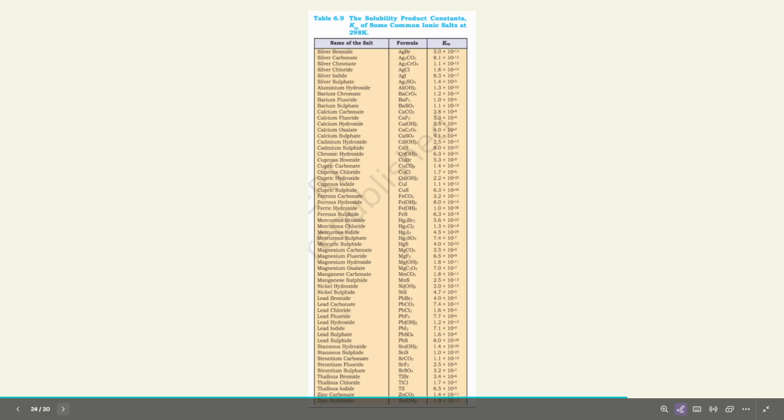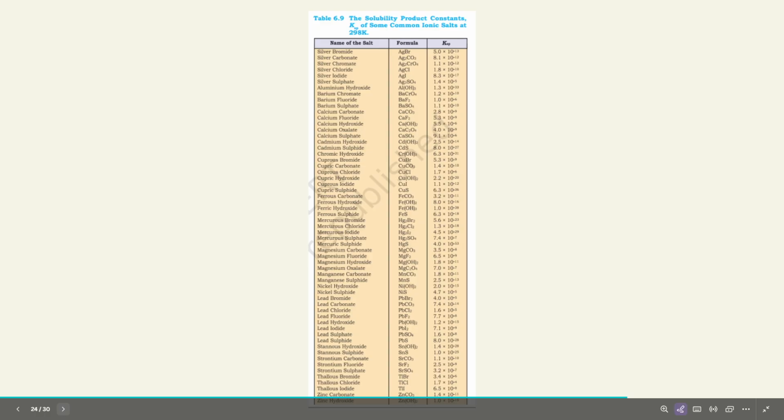But when the concentration is not in equilibrium, then it will give us information on whether precipitation or dissolution is going to happen. Which, by the way, we will be talking about a little bit more in the next video when we talk about the common ion effect.